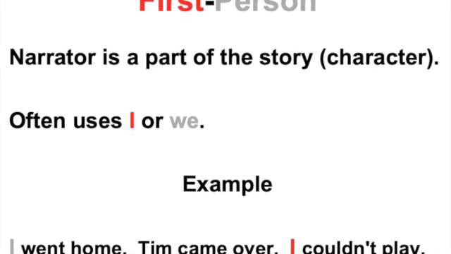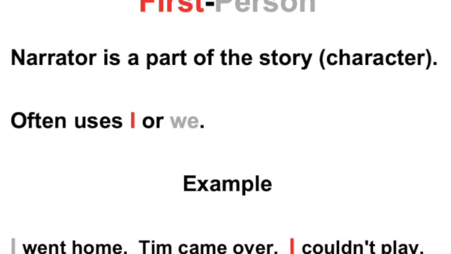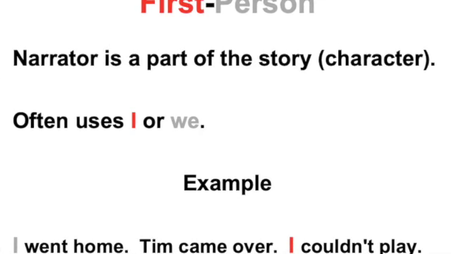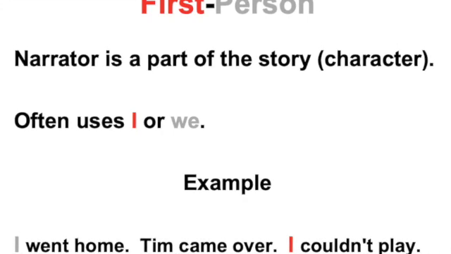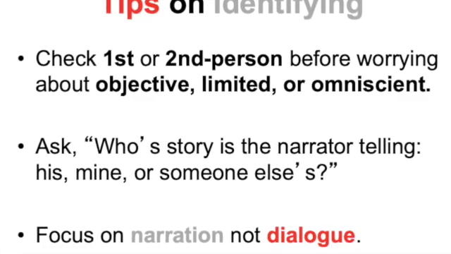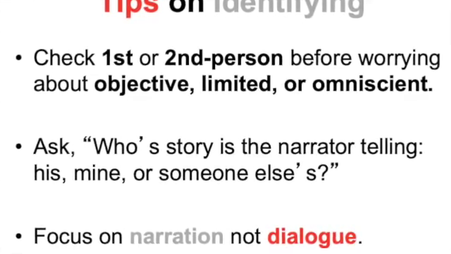So here are some tips on identifying the narrator's point of view. The first thing you want to do is check for first or second person before worrying about objective, limited, or omniscient. We'll talk about third person in a couple of days. So always look for, is it first person or second person?